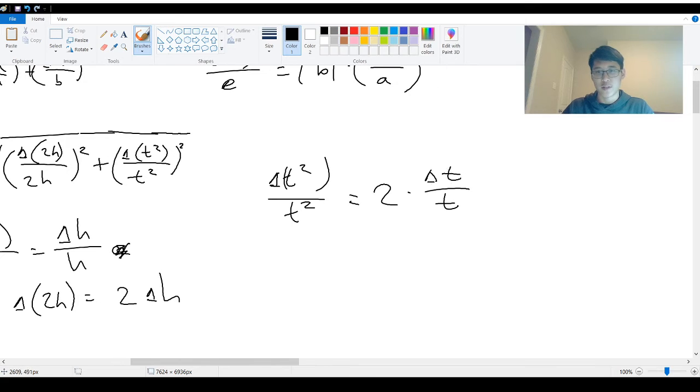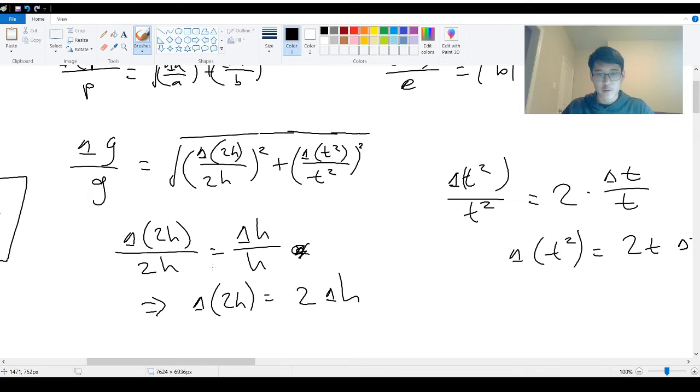Okay, so in this case that is what we get, and we can simplify this down further. The uncertainty in t squared, multiplying by t squared on both sides, is 2t delta t. Now we can plug this stuff back in to simplify it down further.